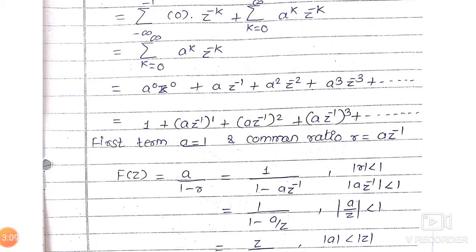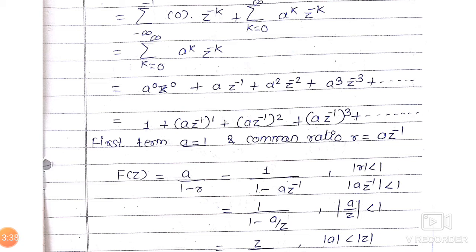So what is common ratio? R is what here? Az inverse. So mod of az inverse less than 1. So can we write az inverse as a modulus of a upon z, that is less than 1. Again, can we simplify this mod of a upon z less than 1, that is mod of a less than mod z. And simplify the 1 upon 1 minus a upon z.